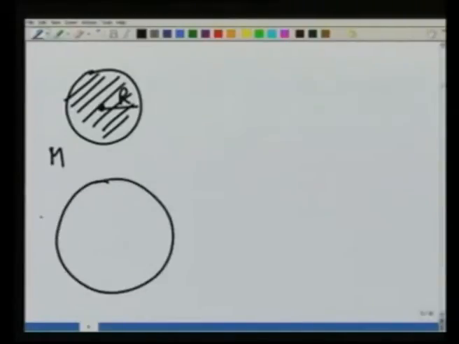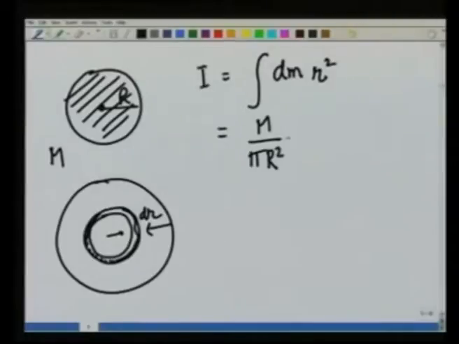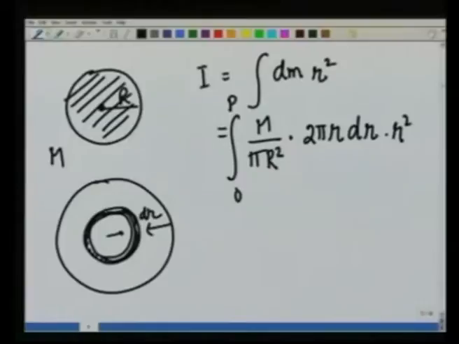What I can do for this is divide the disk into small rings of width dr. Then the moment of inertia for the disk, if its mass is dm, is going to be dm r square, and if I integrate this, it gives me the moment of inertia for the disk. dm is going to be mass per unit area of the disk, which is m divided by pi r square, times the area of this small section that I have taken, and this is going to be 2 pi r dr times r square integrated from 0 to r.